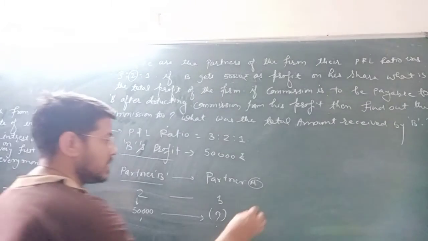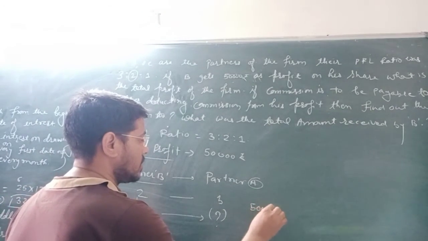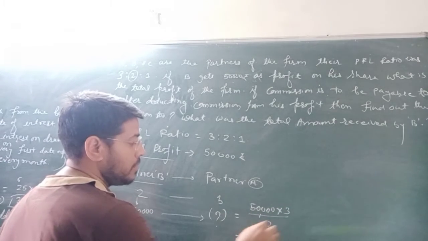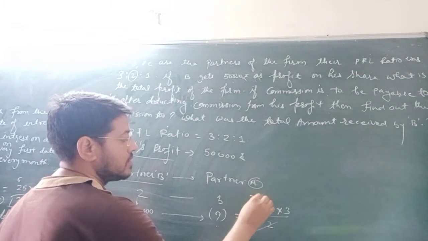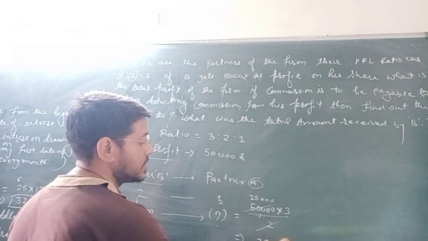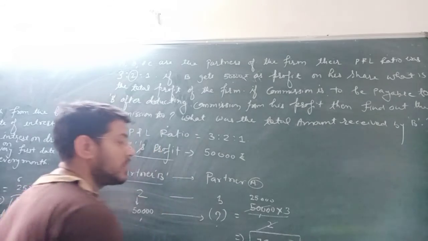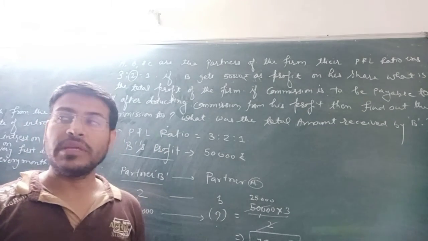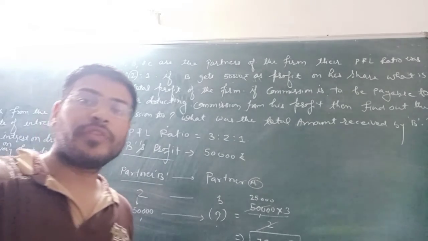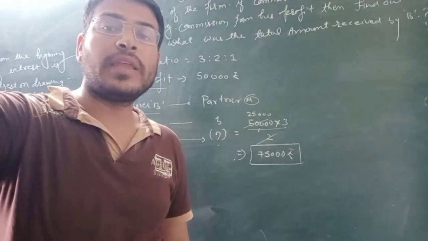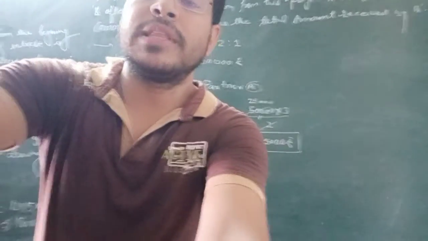So you can see 50,000 into 3 divided by 2, so it will be 75,000 rupees. So we have found the profit of partner A. Partner A gets a profit of 75,000 rupees when partner B gets 50,000 rupees.